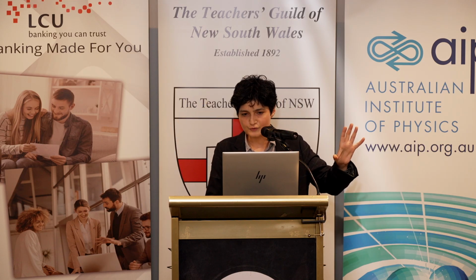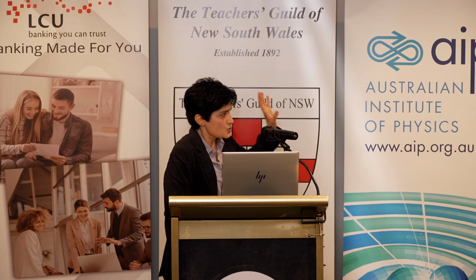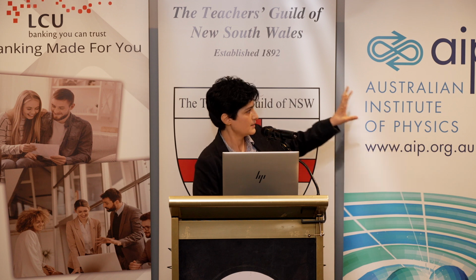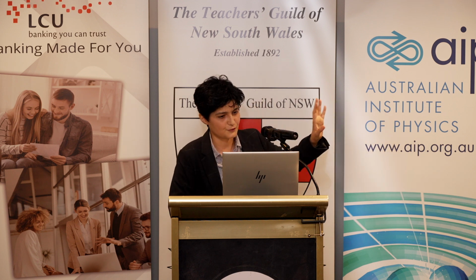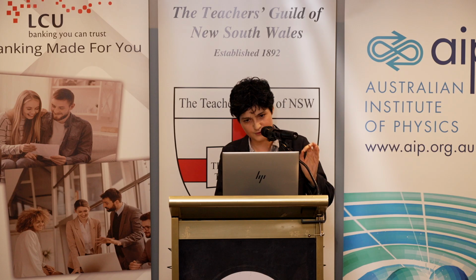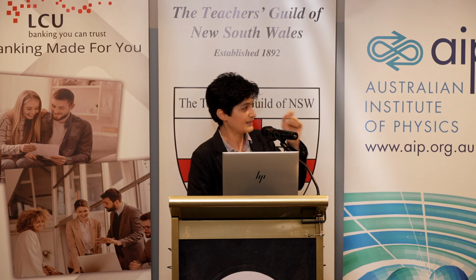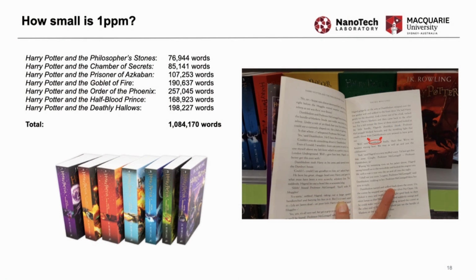It's very hard to visualize, so let me visualize it. The entire Harry Potter series, seven books, has 1,084,170 words, which makes the word Dumbledore on page 17 of Harry Potter and the Philosopher's Stone one part per million.